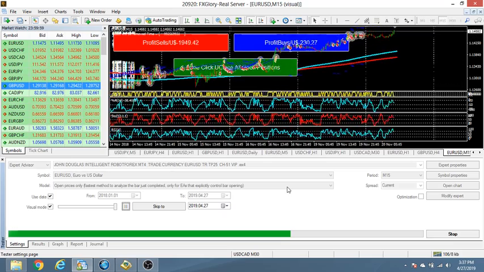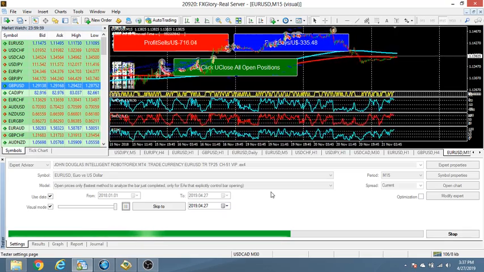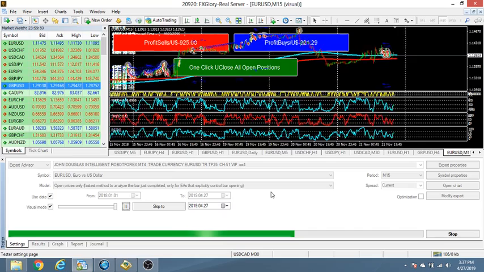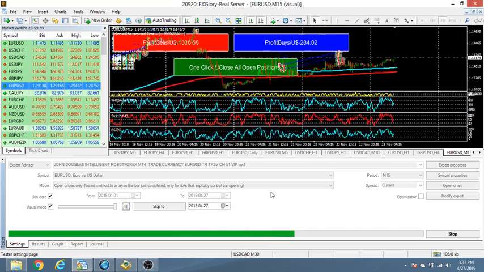Initial deposit here is $2,000, and the lot size is 0.01. And the take profit is 25 pip, 200 pip.